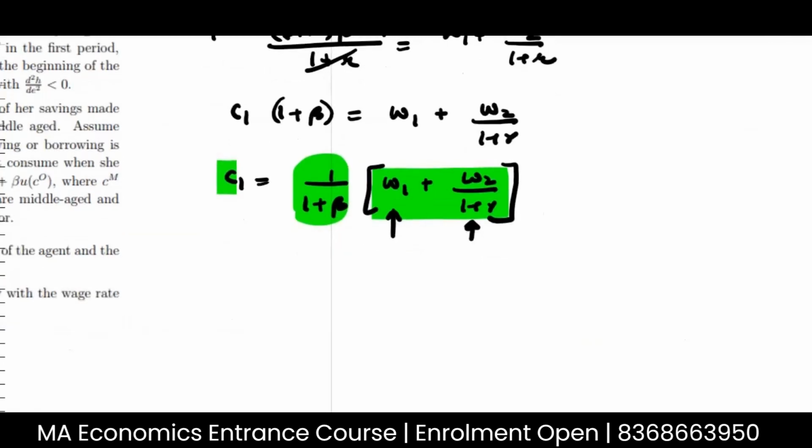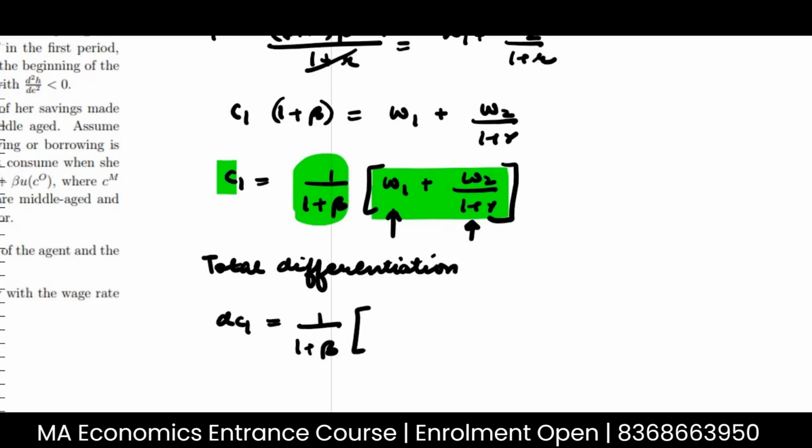Now here, let's do a total differentiation. I will get dC1 is equal to 1 upon 1 plus beta, dW1 plus dW2 upon 1 plus R. Remember that beta and R are the same. There is no change in interest rate, no change in my discount factor, in my impatience.